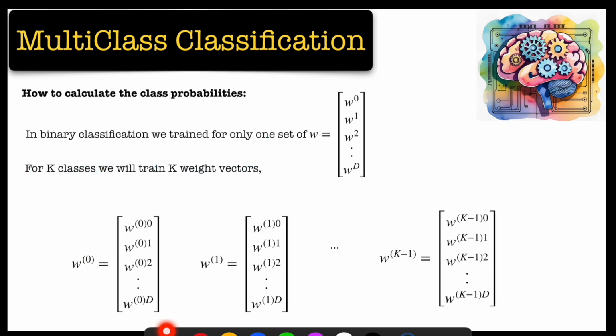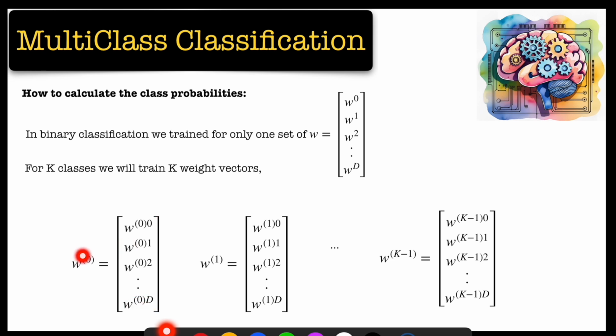Now, how to calculate the class probabilities? In binary classification, we train for only one set of W or weight vectors, which was a D plus 1 dimensional vector. For k classes, we have to train k weight vectors, because earlier we were just doing binary classification, 0 and 1, but here we have k classes, so we need k weight vectors. So W0 is W00, W01 till W0D.